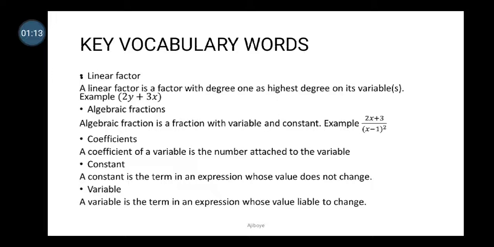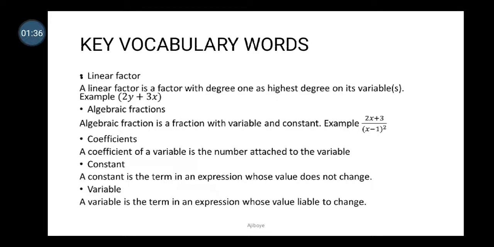The power on y is 1 and the power on x is 1, and that makes 2y plus 3x a linear factor. We could also have a quadratic factor. In that case, the power on the variable, either x or y, will be 2.